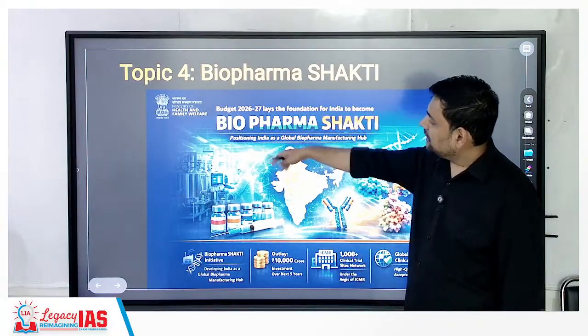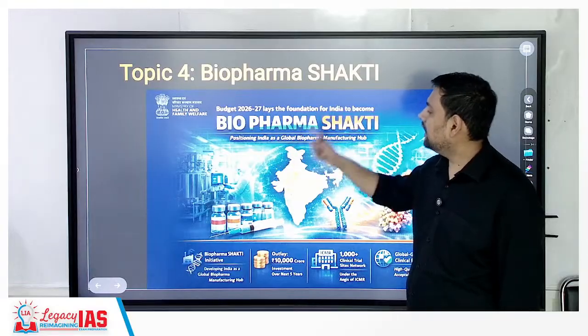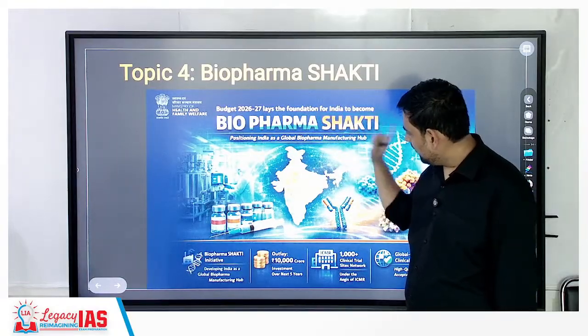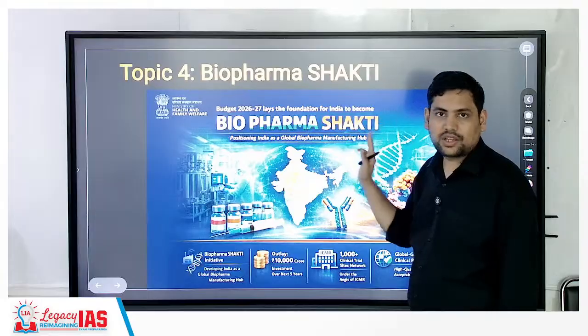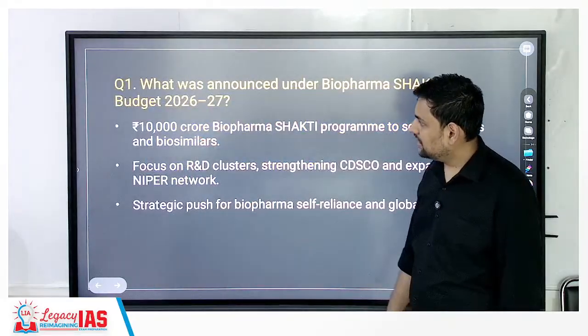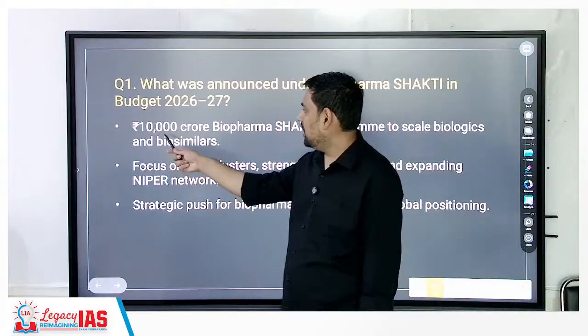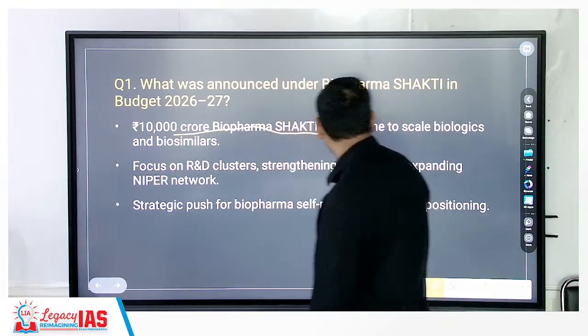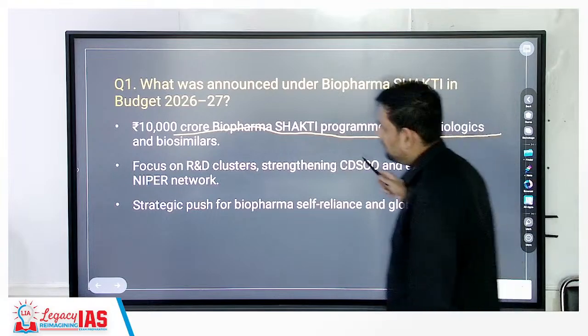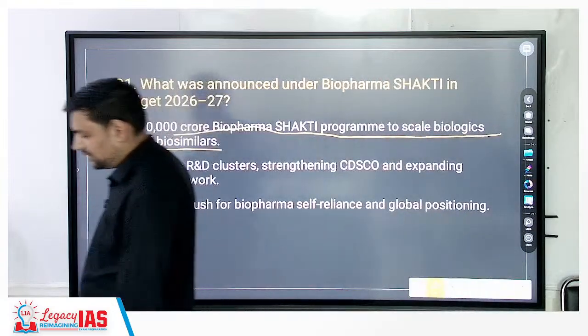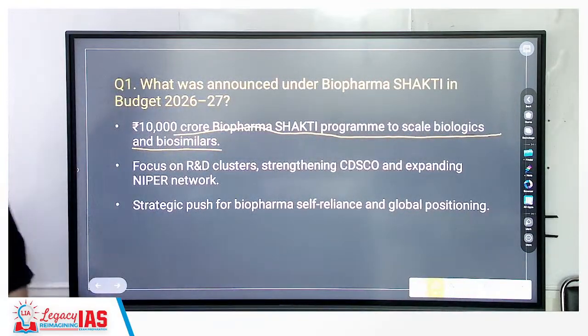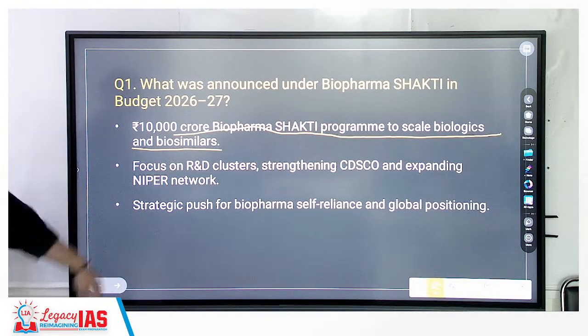The aim, as written, is positioning India as a global biopharma manufacturing hub. Now let's see what is announced. A 10,000 crore Biopharma Shakti program to scale biologics and biosimilars. First of all, understand these terms, biologics and biosimilars.